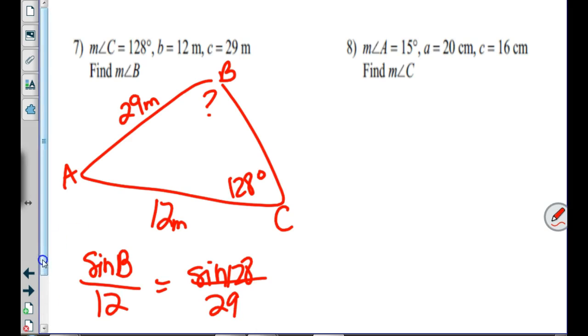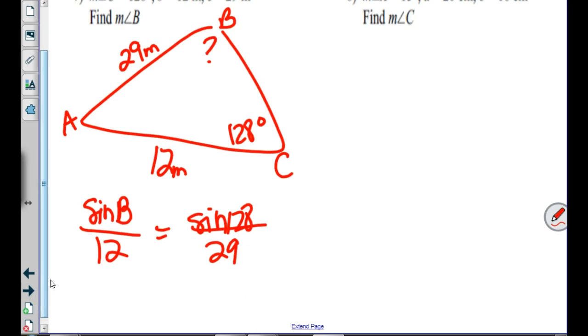Does anybody remember that this is the one where you could have 2 solutions? This one is not going to have 2 solutions. But when you do 12 times the sine of 128 divided by 29 and you get a decimal, .326, then what?